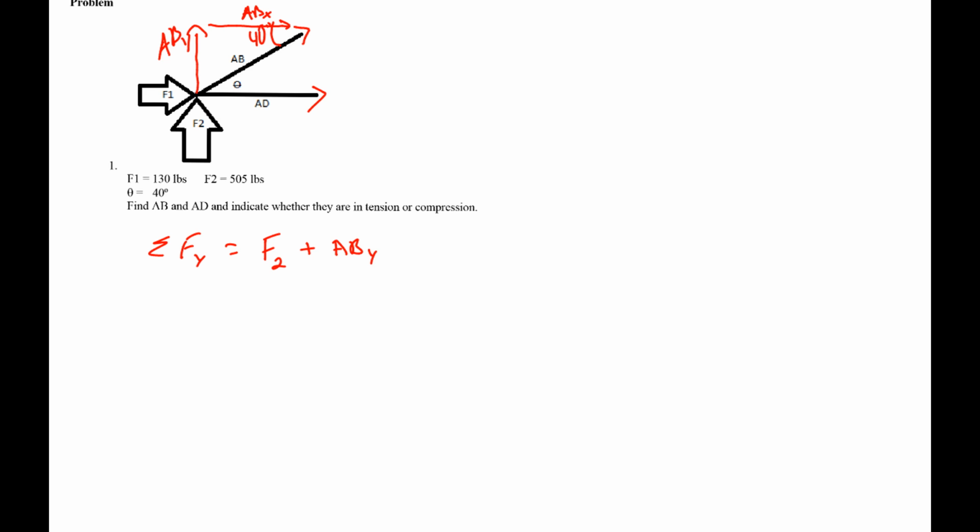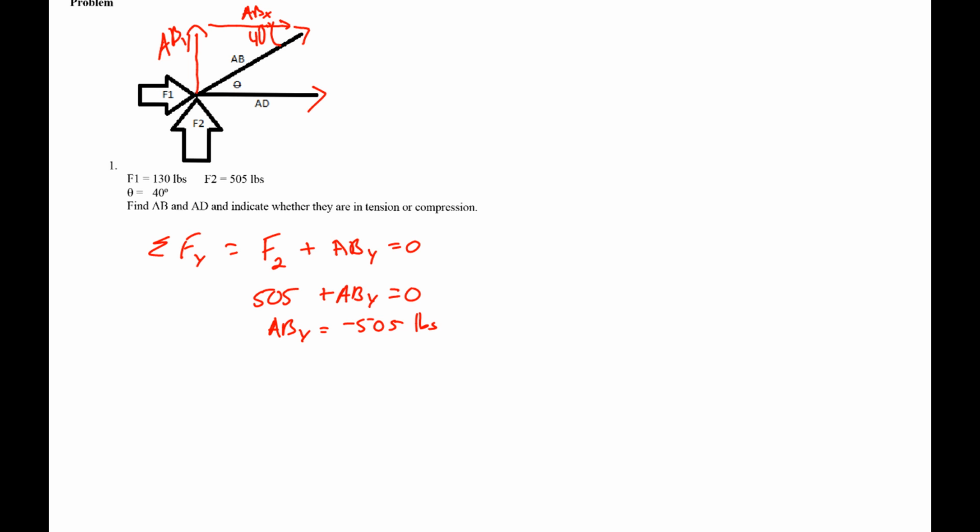And those are both positive y. They're both going up, right? And that equals 0. So we're going to say 505 plus ABY equals 0. So ABY equals negative 505 pounds. Questions on what we did there?